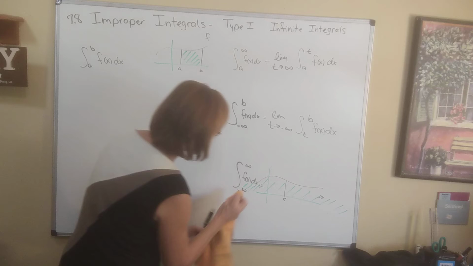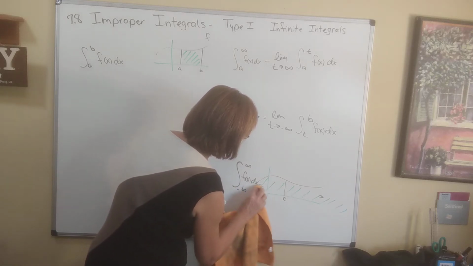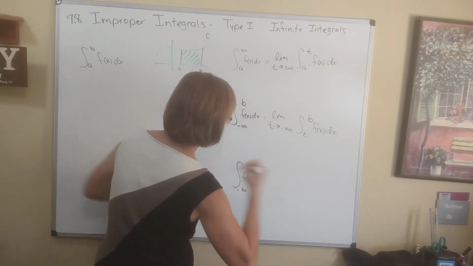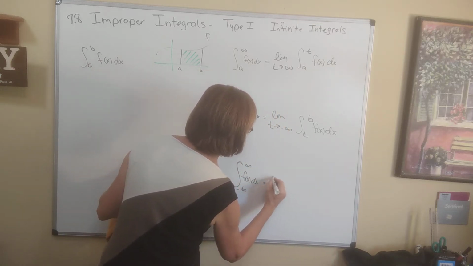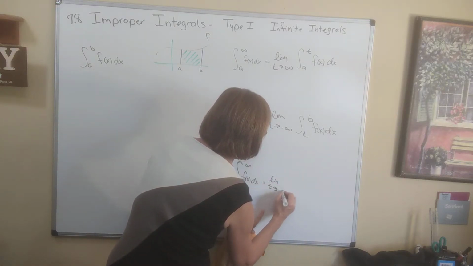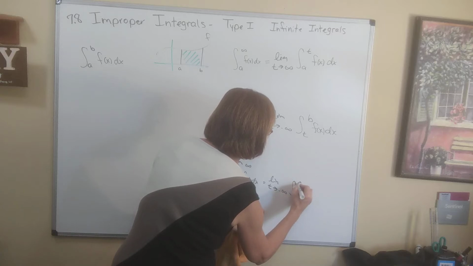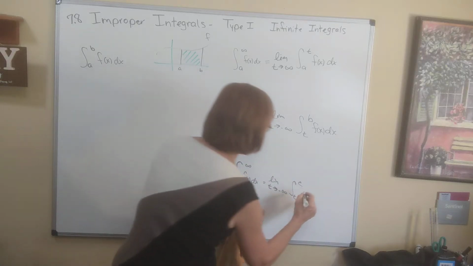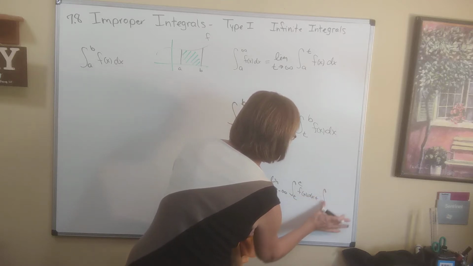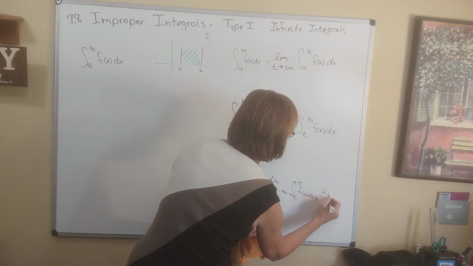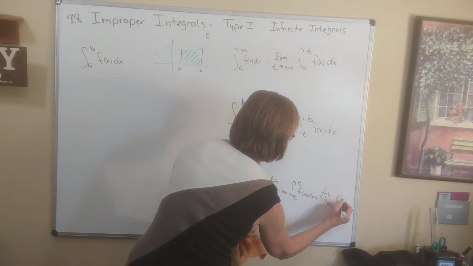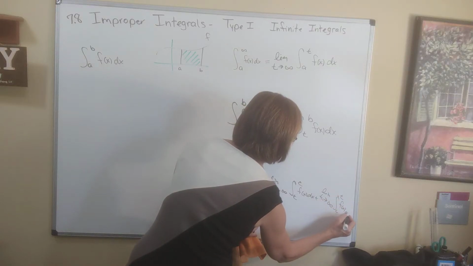And so we say this will be approximated by the limit as t goes to negative infinity of the integral from t to some value c of f of x dx, plus, oops, I forgot my limit, the limit as t goes to positive infinity of the integral from c to t of f of x dx.